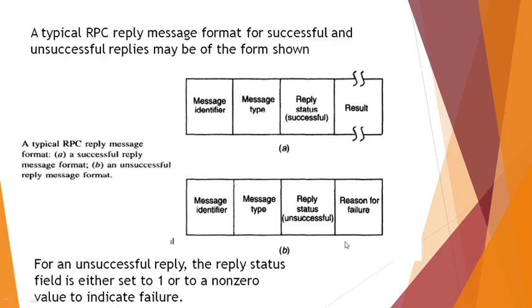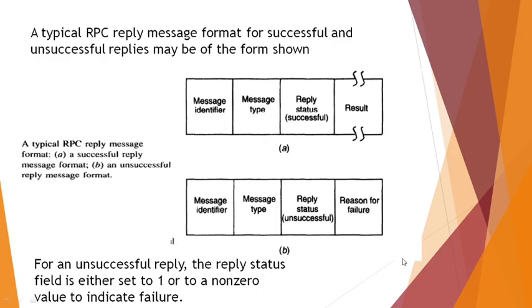This is the reply message of a server in a successful attempt. But here it is an unsuccessful reply message format where the reply status is unsuccessful, and what is the reason for failure. If the message identifier is wrong, or some procedure number is wrong, or version is wrong, or number of arguments is wrong, that reason will be added and sent back to the client.